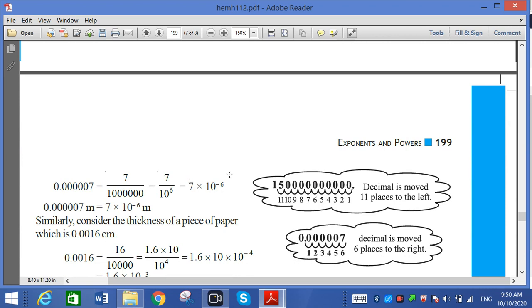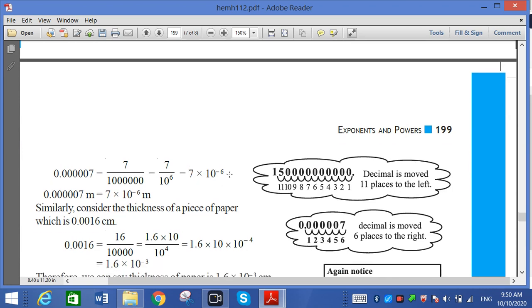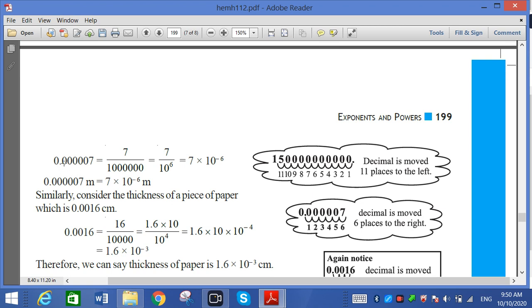How it should be negative, that is also important to understand. If you see 1, 2, 3, 4, 5, 6, so 7 upon 6 zeros we have to write. 1, 2, 3, 4, 5, 6. So 10 to the power 6. But we know from the standard definition, if I want to shift upward, then minus m. 1 upon a to the power m is equal to a to the power minus m. So 7 multiplied by 10 to the power minus 6.